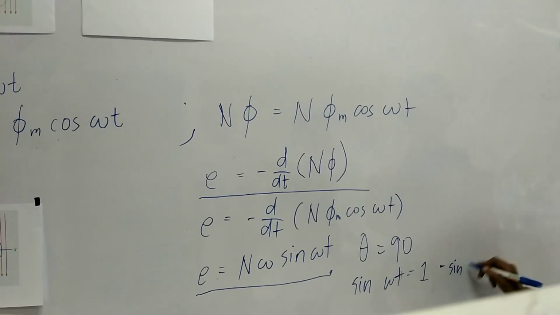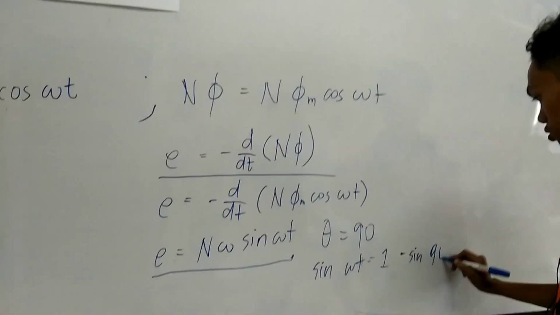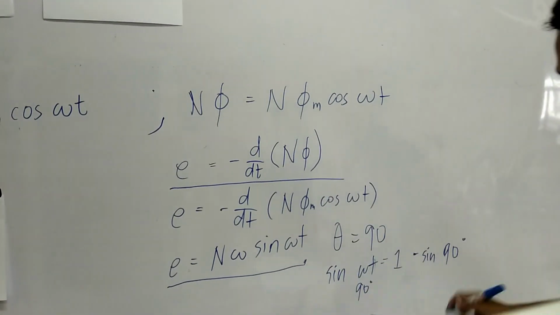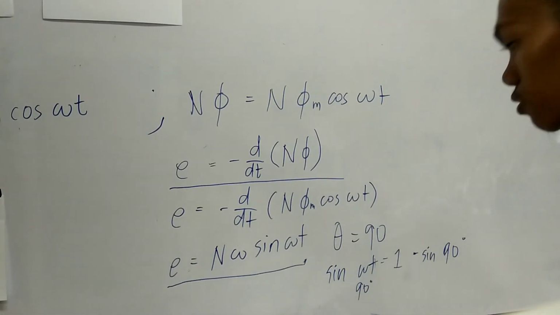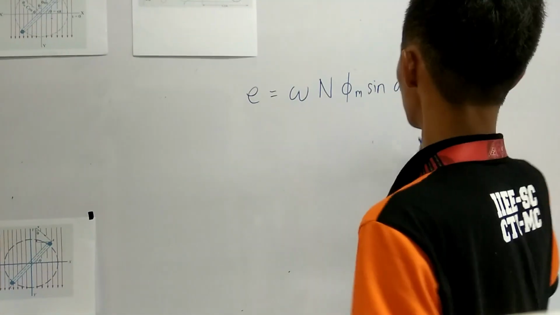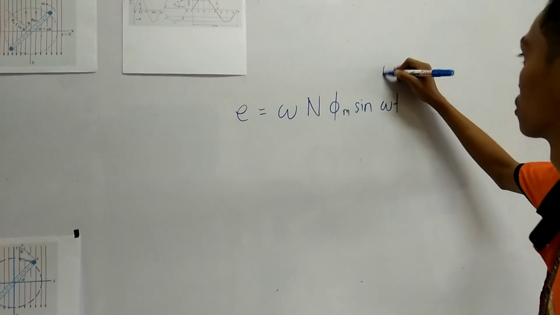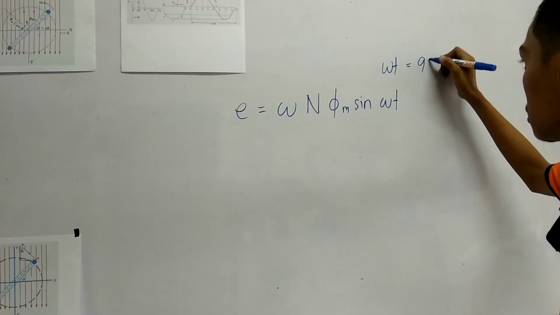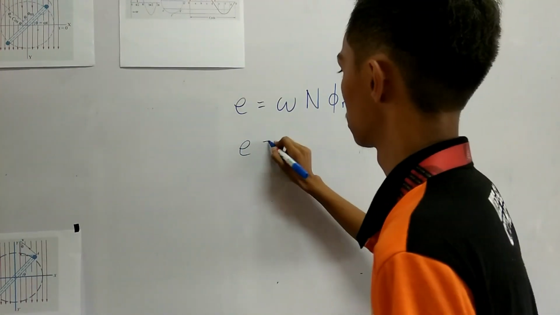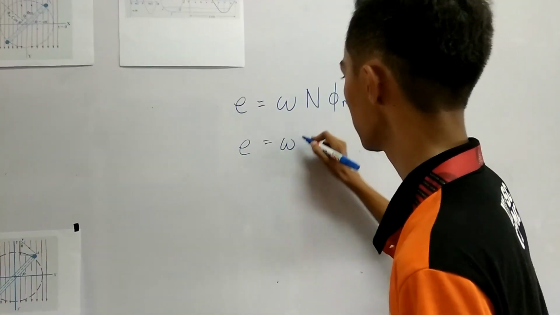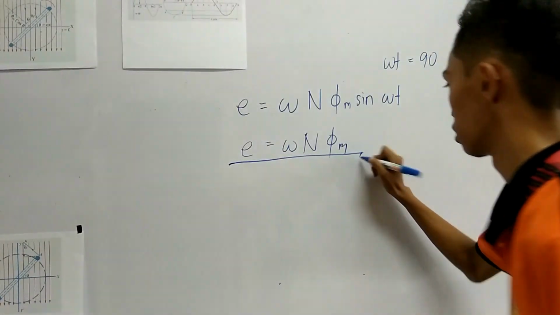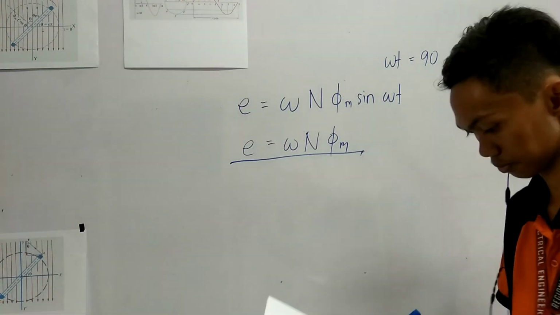So we substitute omega t as 90. Since sine 90 is equal to 1, omega N phi is the maximum induced voltage.